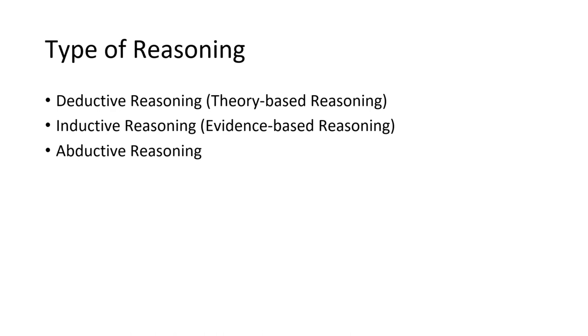There are many types of reasoning. In this module, we particularly focus on deductive reasoning, which is also known as theory-based reasoning, inductive reasoning, which is also known as evidence-based reasoning, and adaptive reasoning.